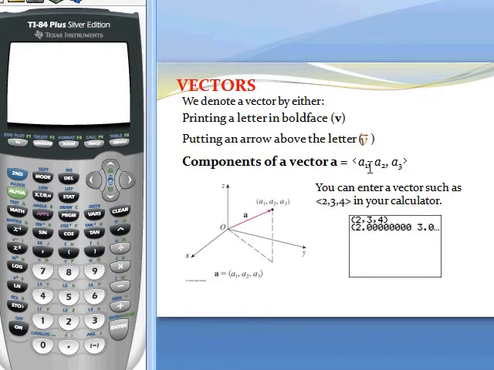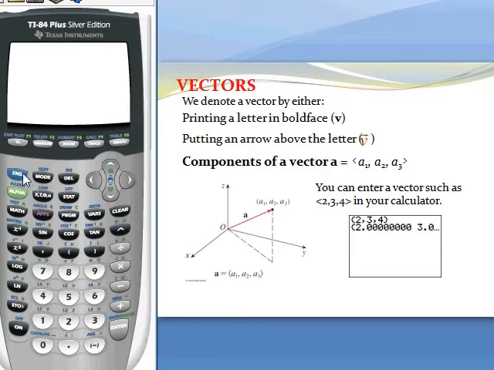And how high is it? It's going to be 4 steps high. Okay, so if I want to enter that, I do that with braces. So braces, 2, comma, 3, comma, 4, close braces. Now your calculator does recognize this as a vector.